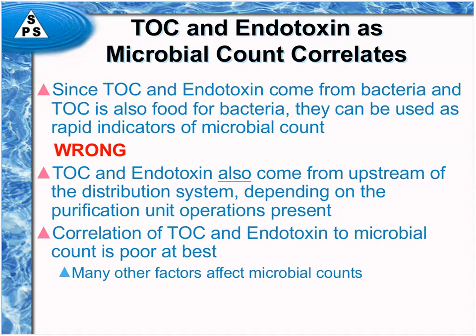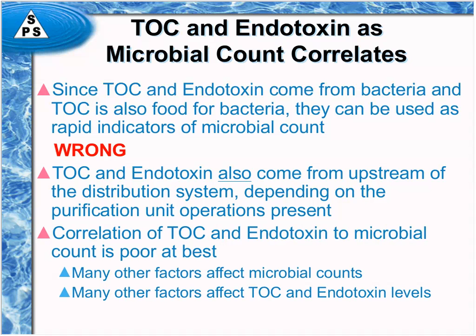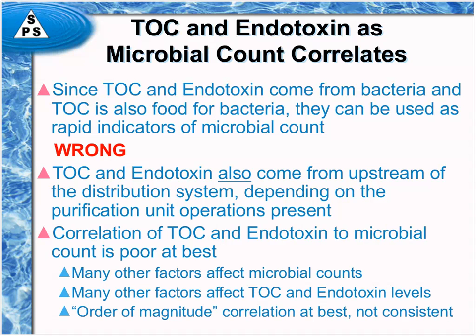It is a poor correlation at best. There are so many other factors that affect microbial counts and so many other factors that affect the TOC and endotoxin levels in the water that if you could get an order of magnitude correlation, you're doing good. And an order of magnitude correlation is nowhere near good enough.